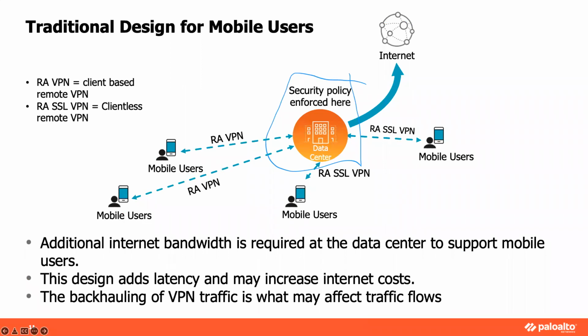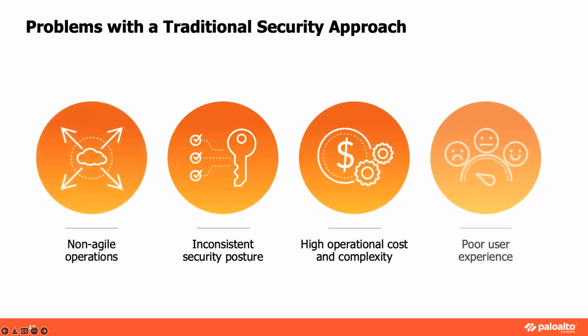When they moved from, say, 10% of their user base to 100% of their user base being remote, it is, well, a lot of things. It's bulky and not agile. It took a lot of time for many enterprises to support a bunch of mobile users that they didn't expect to have.